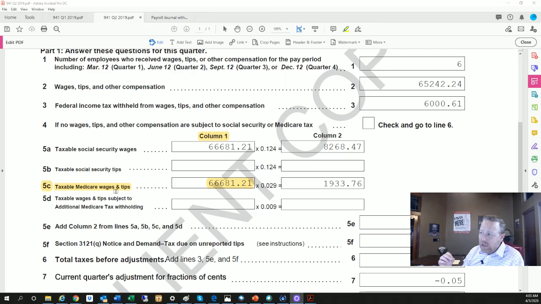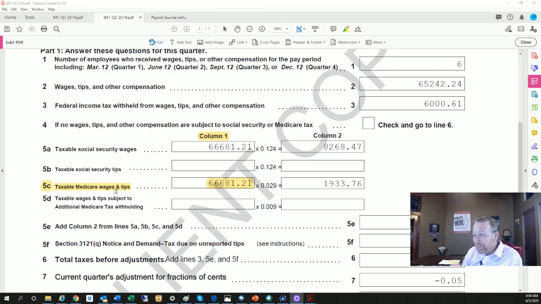And you would not be able to affect Medicare wages with things like 401k or taxable benefits such as 2% shareholder that goes in box 1. So if you're looking at a W-2, this would be box 5. It's line 5C here, but it's also box 5 on a W-2. It's also box 5 on a W-3.